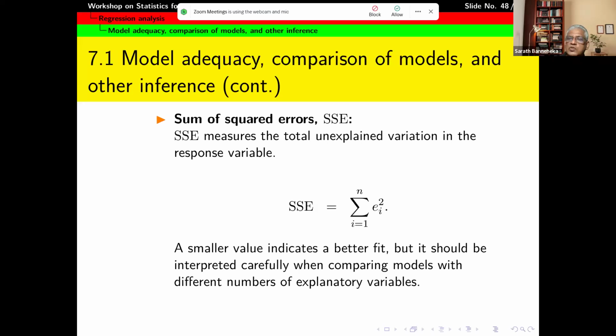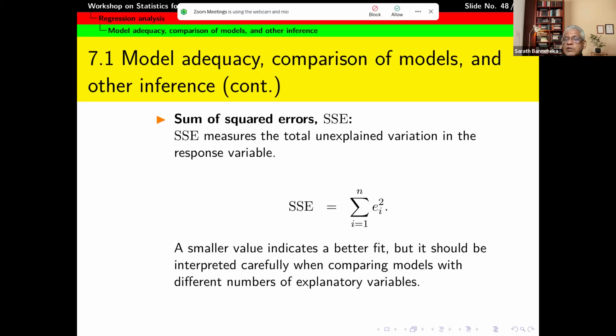If you are comparing two models to see which is better, say one contains three variables and the other contains five variables, it is not good to directly compare SSE, because SSE will be reduced anyway when you are increasing the number of variables in the model.